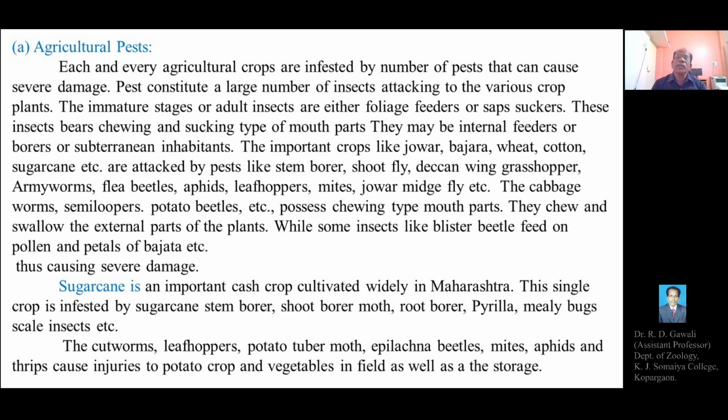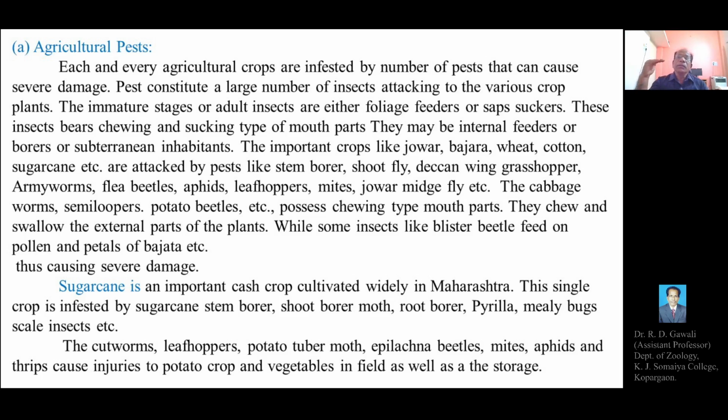Then there are certain insect pests which have piercing and sucking type of mouth parts and they suck up the plant sap or the cell sap and thus are called sap suckers.